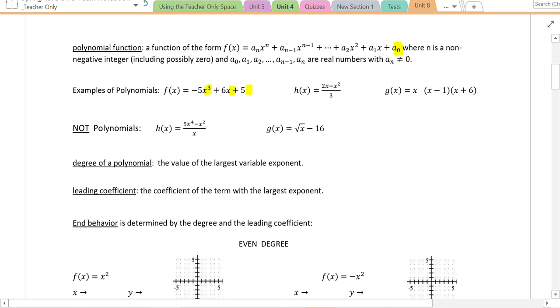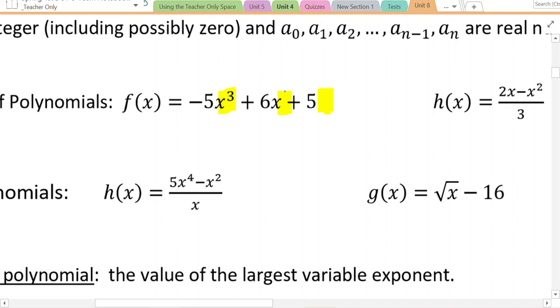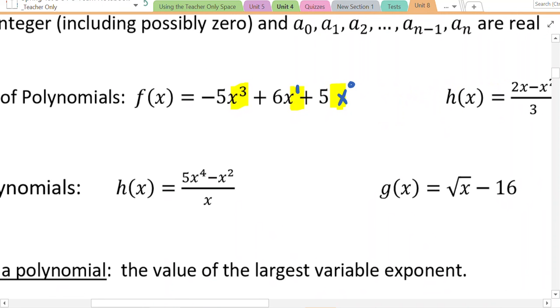But the way you look at it is, this is x to the first power and this is x to the 0 power. That's allowed. So they say that it's non-negative. It can be 0 because that's the constant term. So whenever you have a constant, that's still a polynomial because that's x to the 0.